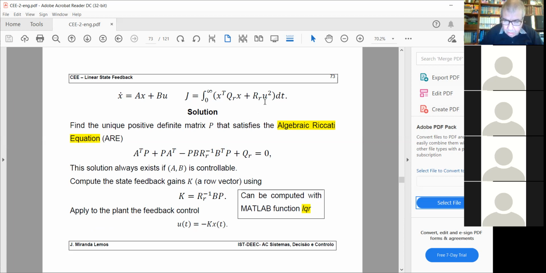Or comment or doubt? There is one thing here. If you think about your laboratory work in which you want to equilibrate the pendulum, there is one thing missing here. Do you know what it is? I'm assuming that I have access to x. And in the pendulum, I just measure the position.